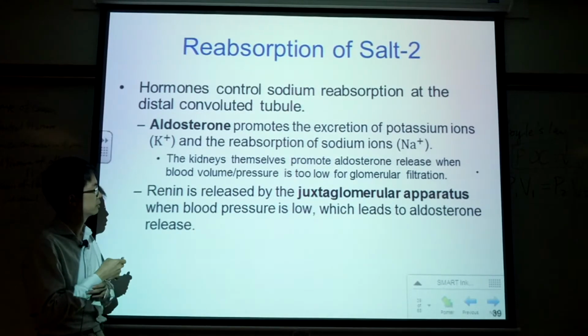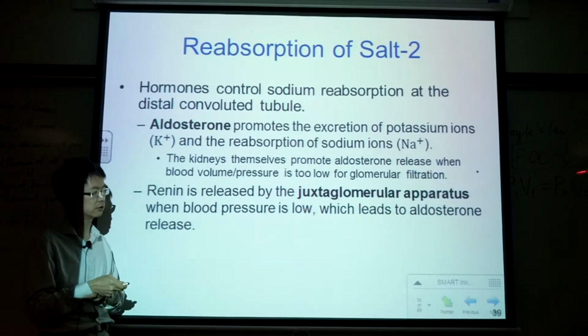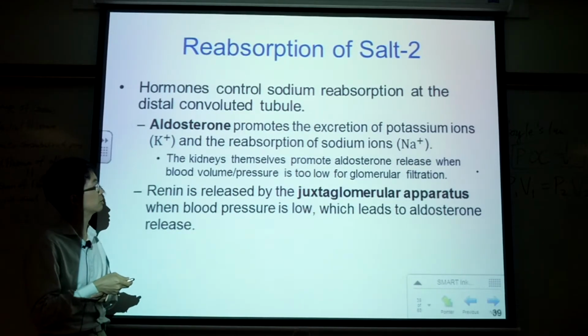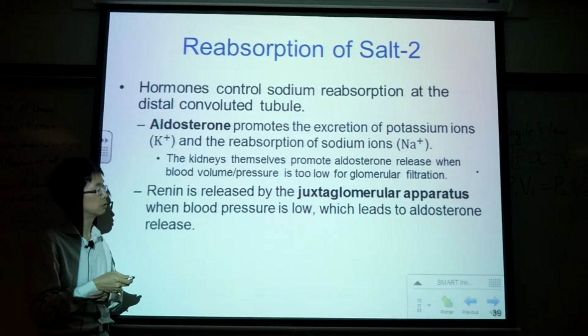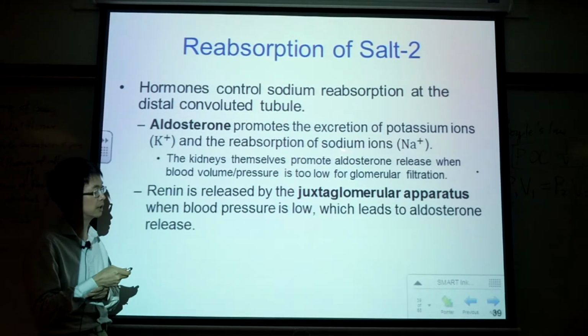So your kidney secretes renin, and then renin will tell the adrenal gland to secrete aldosterone. So the aldosterone will act on the kidney to reabsorb more of the sodium ion.